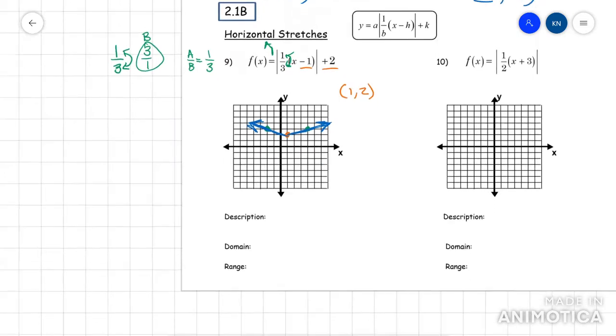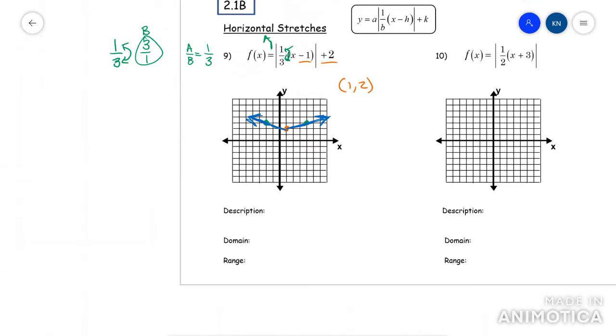All right, so the description, that 1/3, B was actually 3. That means that 1/3 sitting there is actually a horizontal stretch times 3 over 1. The minus 1 is a horizontal shift, right 1.